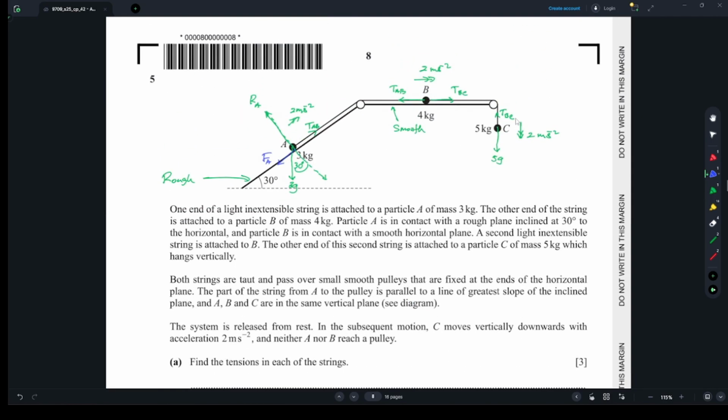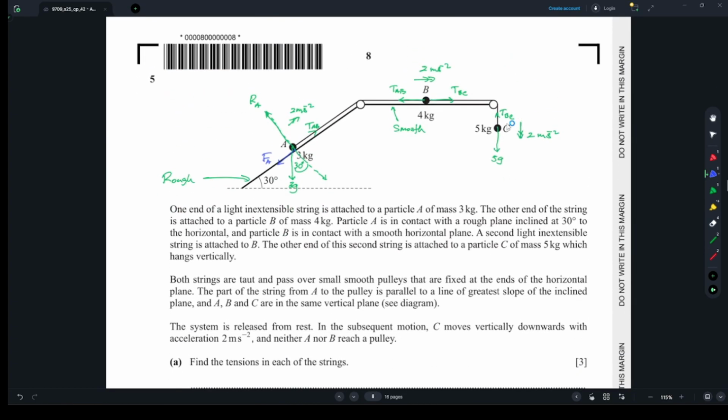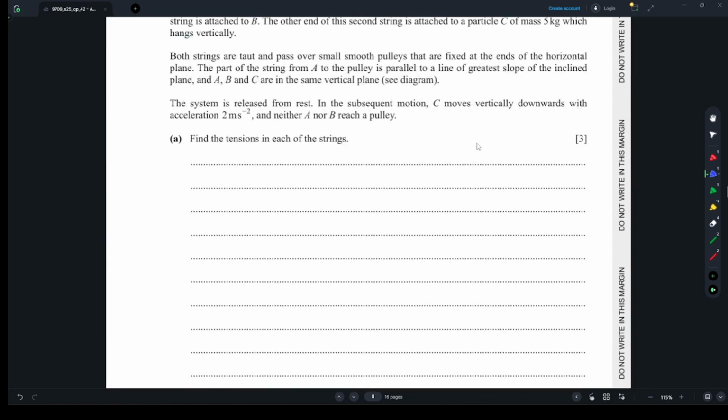Okay, so if you consider particle C, you can see only two forces. So with this one, you can easily find the tension of BC. So for particle C, I can apply downwards F equal ma.